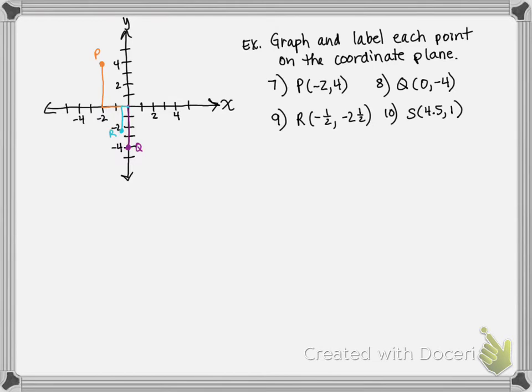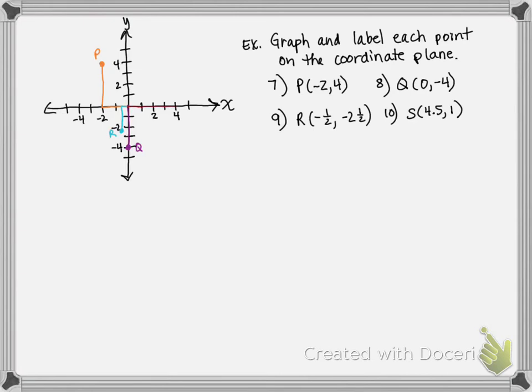You know, 2 positives, it should be in quadrant 1. The first one had a -x and a positive y, should be quadrant 2. So if you understand the signs of each ordered pair, where it will take you to, that's going to make life a lot easier.